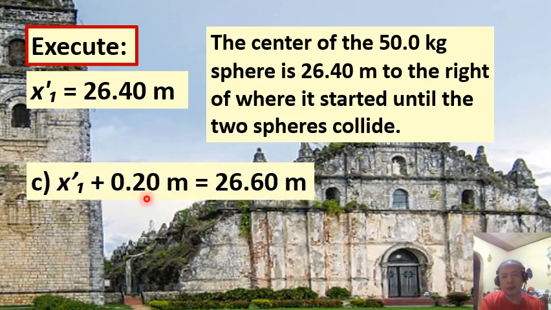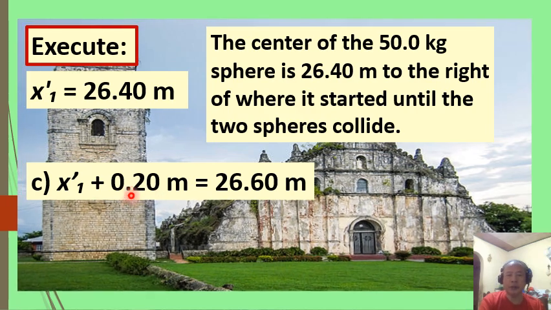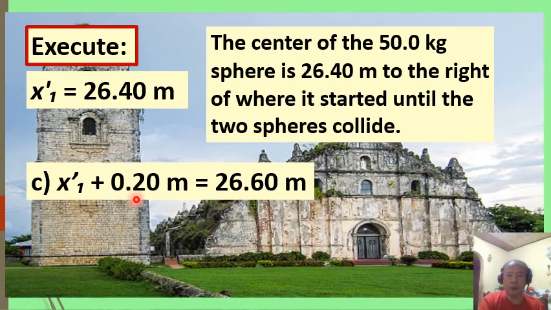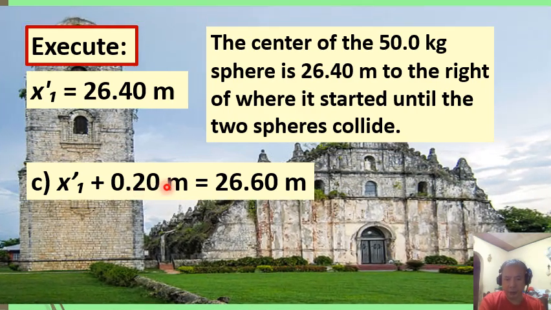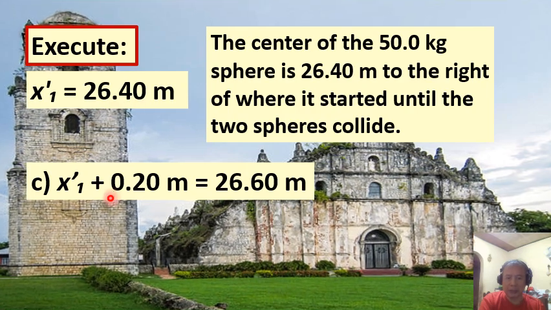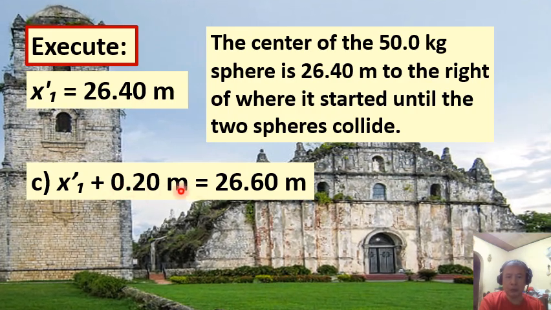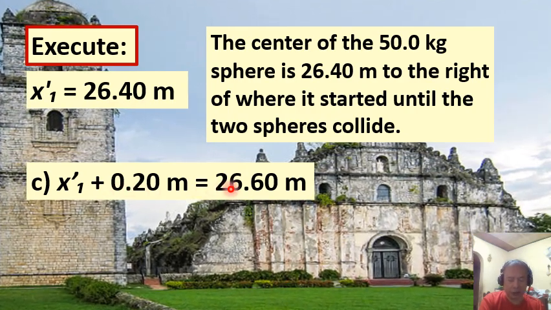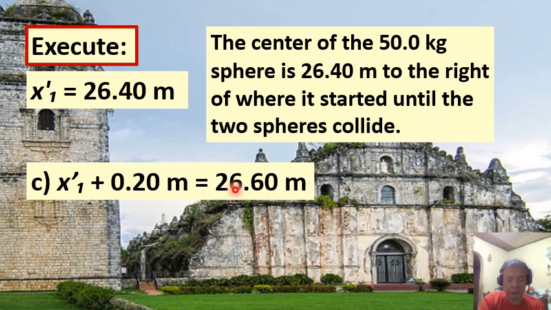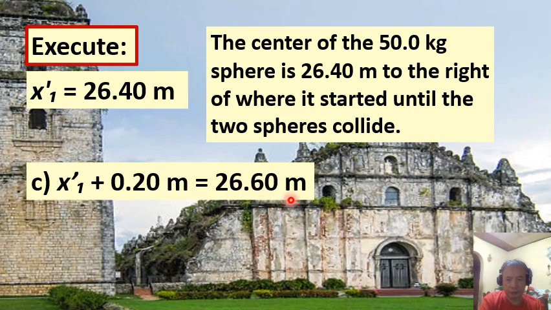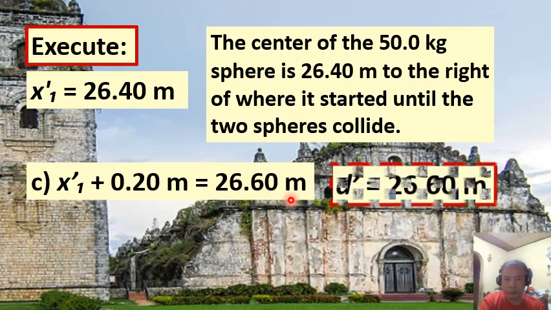The radius of sphere number 1, of course, is equal to 0.2 meters. So 26.4 meters plus 0.2 meters will give us 26.6 meters.